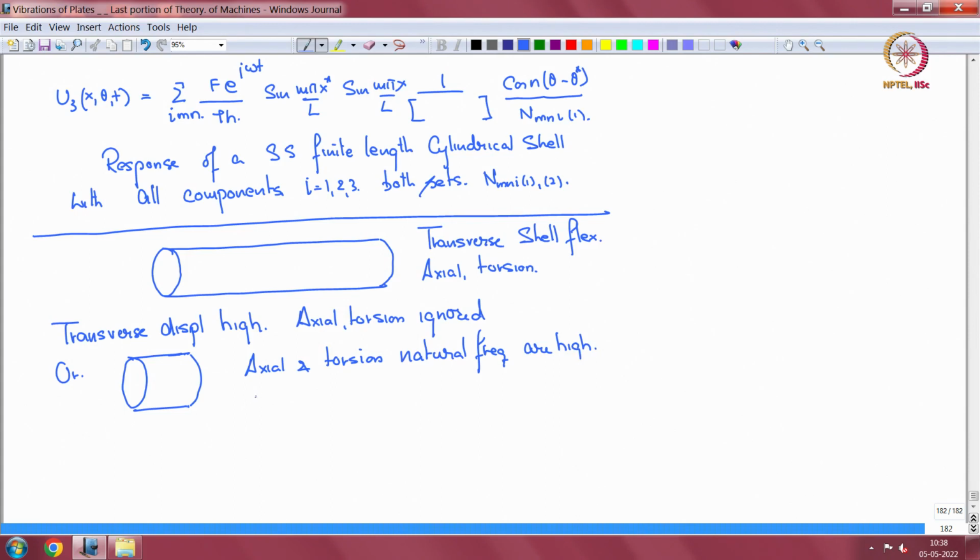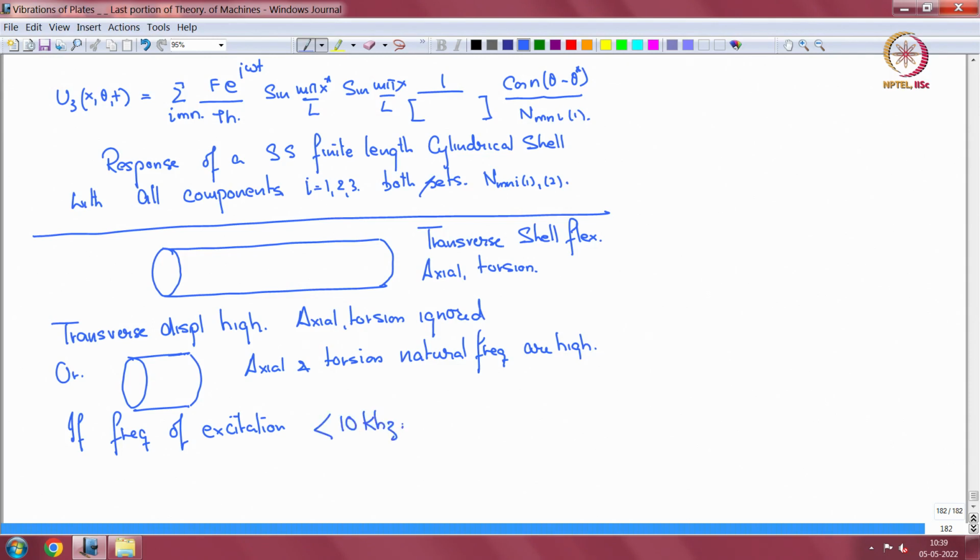Which means, if we consider the frequency of excitation in the mechanical world, it is almost always less than 10 kilohertz.